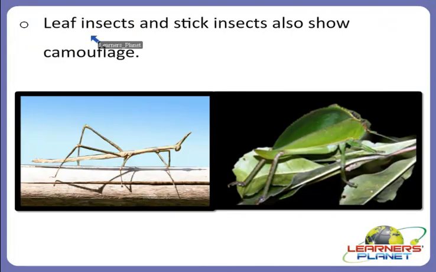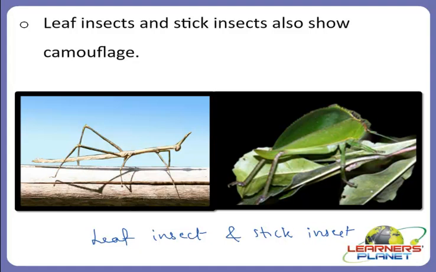Other examples are leaf insects and stick insects. They also show camouflage. Now here you can see the beautiful picture of a leaf insect, and this is a stick insect. They also have the adaptation called camouflage.